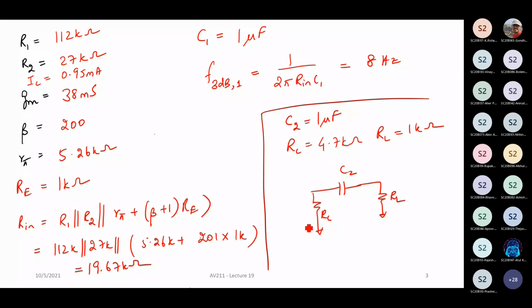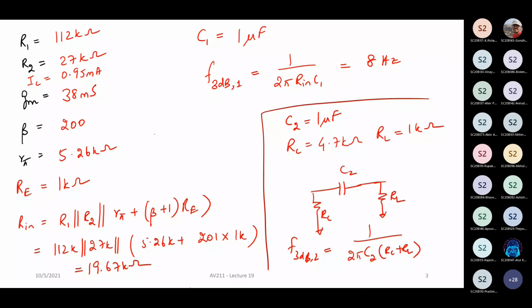Of course, R0 is in parallel with RC, which we can kind of neglect. So again, we saw that the tau is basically C2 into RC plus RL. And therefore, F3dB only due to C2 is nothing but 1 by 2 pi C2 RC plus RL. Correct? It's kind of approximately this.